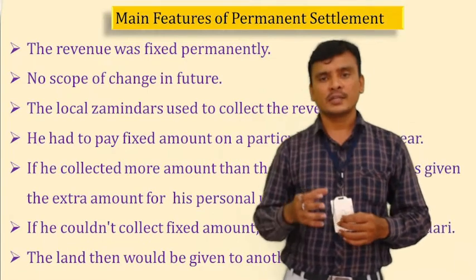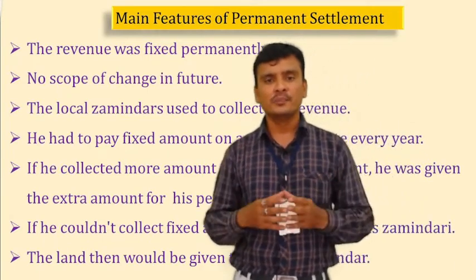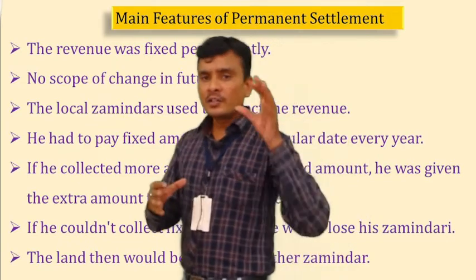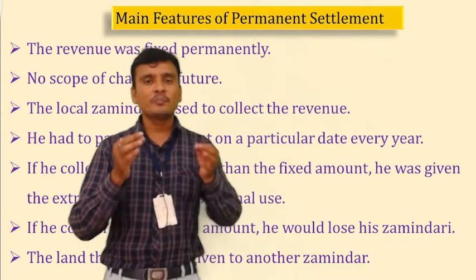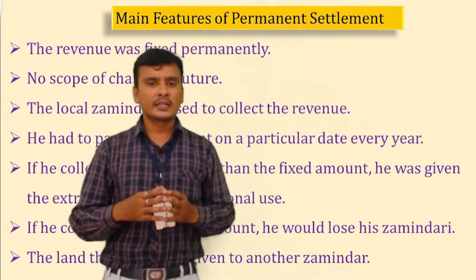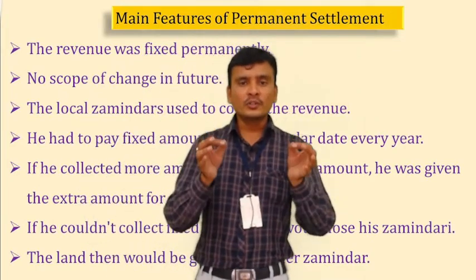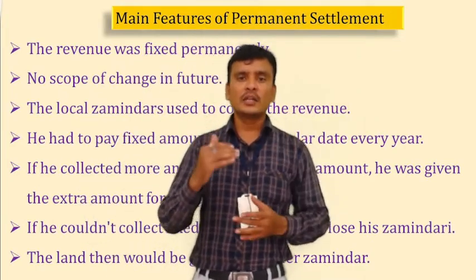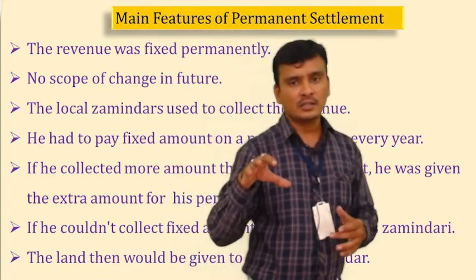Local zamindars were agents to collect the revenue, and whatever the fixed amount was, the zamindars were supposed to pay to the company. If he collected more than the fixed amount, the remaining amount used to stay with that particular zamindar.